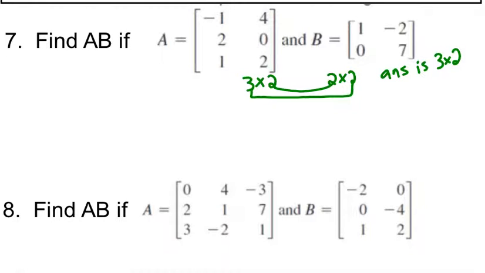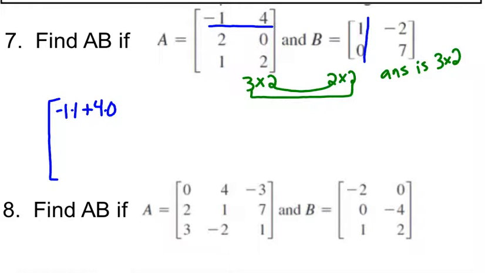Okay? So to get this first entry in row 1, column 1, you take row 1, column 1. So you take negative 1 times 1 plus 4 times 0.